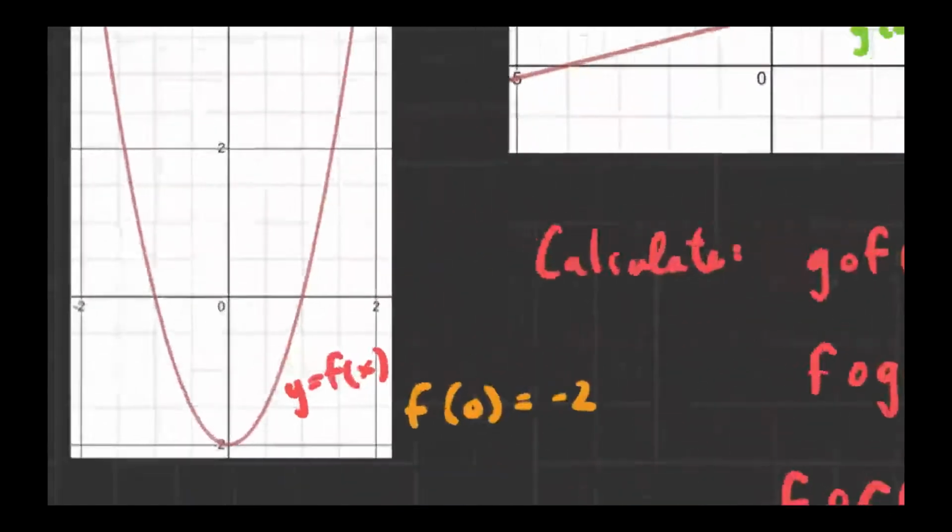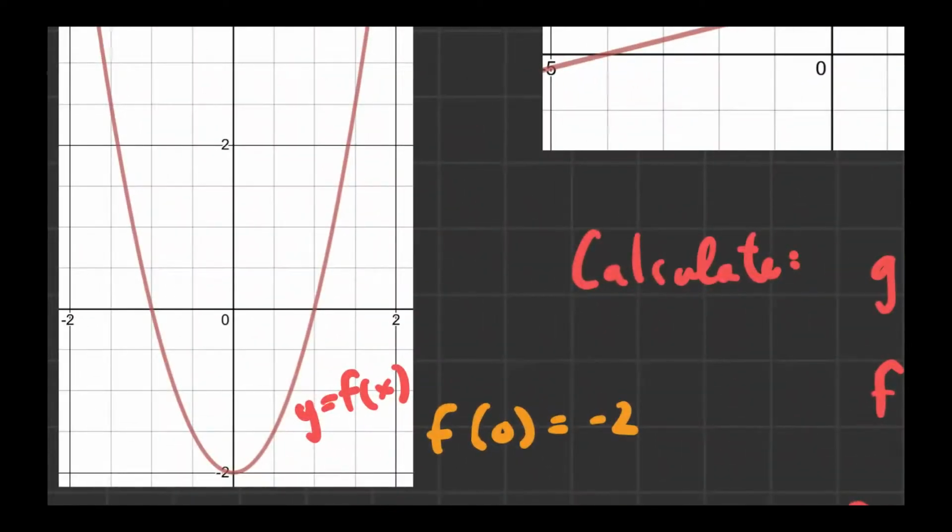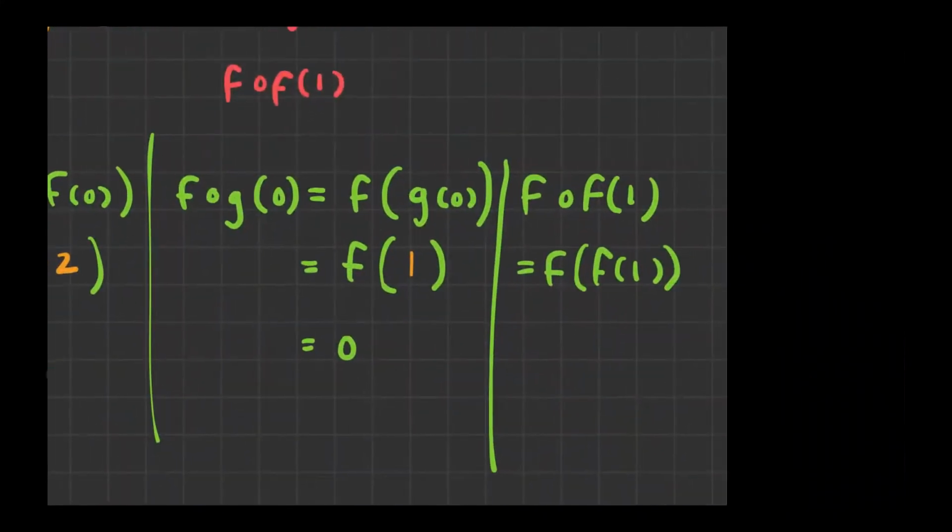So let's go back to f and figure out what f of 1 is. I go over 1. F of 1 is equal to 0. So that means that f of f of 1 is equal to f of 0, because f of 1 is 0.